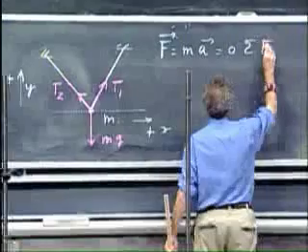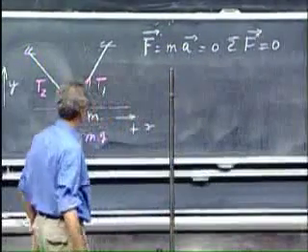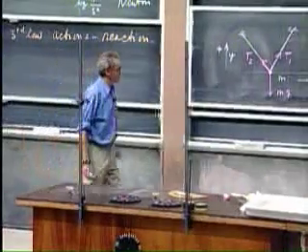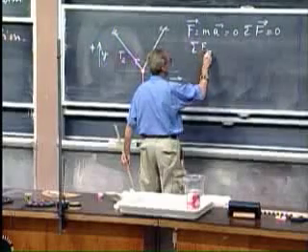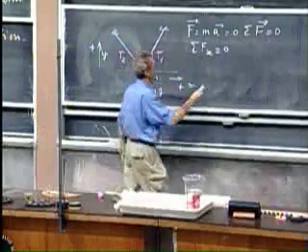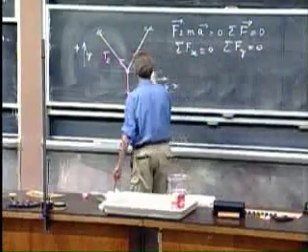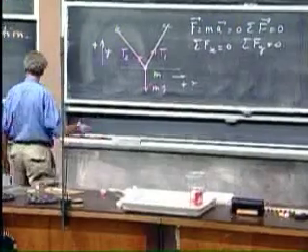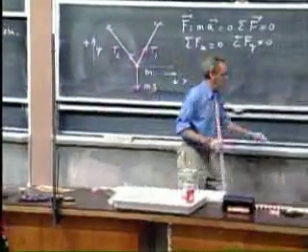So the sum of all forces on that mass must be 0. These three forces must eat each other up, so to speak. Well, if that's the case, then the sum of all forces in the x direction must also be 0, because there's no acceleration in the x direction, and the sum of all forces in the y direction must be 0. And so I'm going to decompose them, something we have done before. I'm going to decompose the forces into an x and into a y direction.